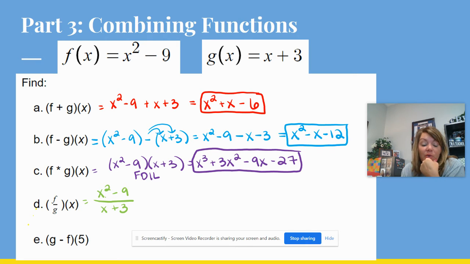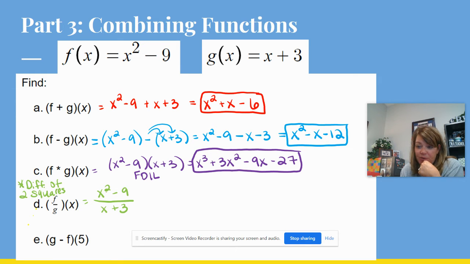So this is a binomial, and it's a specialty binomial. The reason it's a specialty binomial is because 9 is a perfect square, and there's a minus sign here. So this is called the difference of two squares. You're going to want to know this.